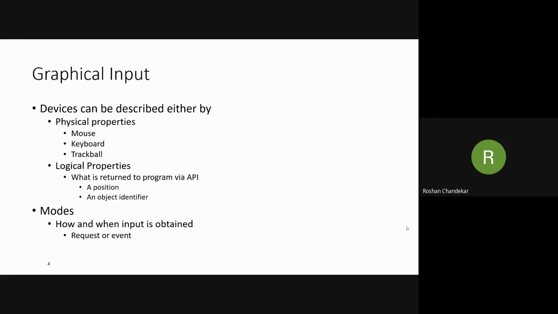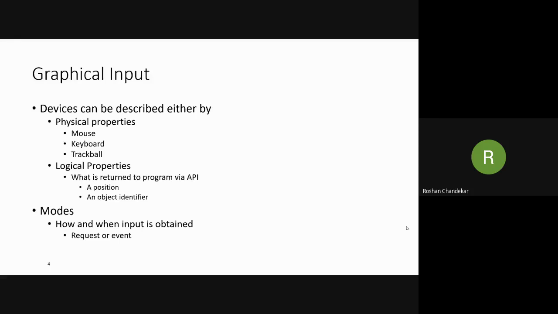Devices can be described either by physical properties or by logical properties. The physical property devices are like the mouse, the trackball, and the keyboard. These are the physical devices we use to capture the image, select the image, or take the location of that particular image. Then the logical properties: what is presented to the program via the API, the application program interface.